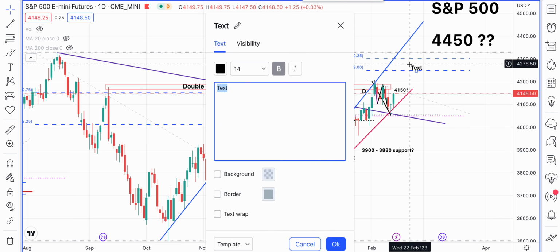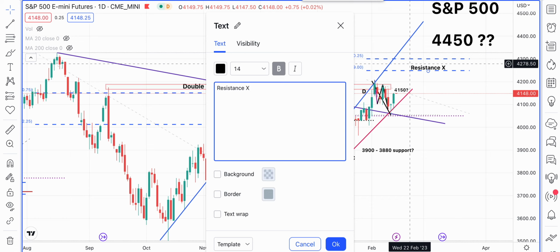This could be a resistance zone, which, depending on the price action, we will have to see how strong a resistance it could pose.